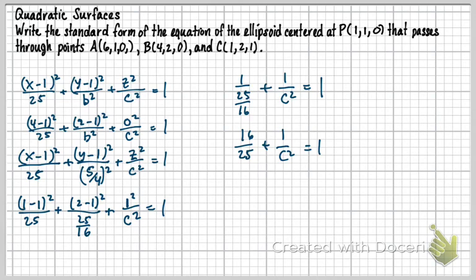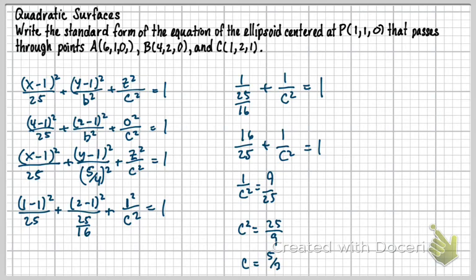Then I move that to the other side, so it's a subtraction. So 1 over C squared equals 9/25. Then I multiply both sides by C squared and divide by 9/25. So I get C squared equals 25 over 9, which means C equals 5/3.